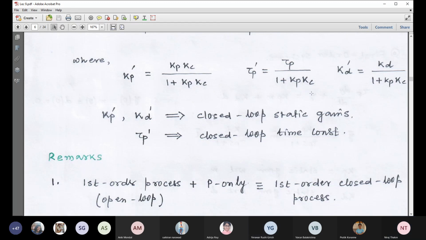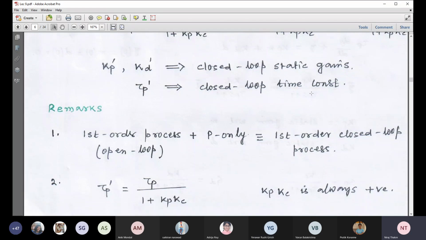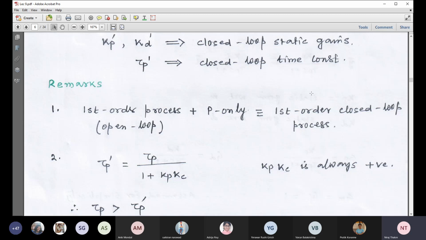When? There must be some condition in terms of KPKC, no? When KP and KC both are positive. Yes. If KPKC is positive, then only we can say tau p is greater than tau p prime.